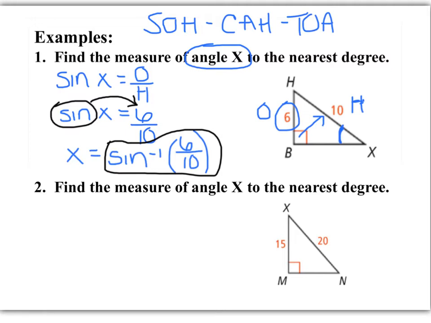When you put this function in the calculator, you should have gotten 36.86, which rounds up to 36.9. So we're going to write x is equal to 36.9, and we are talking about an angle measure, and our angles are all in degrees.